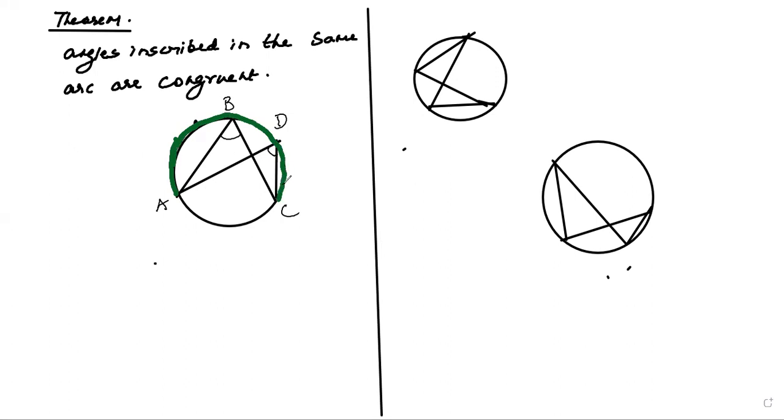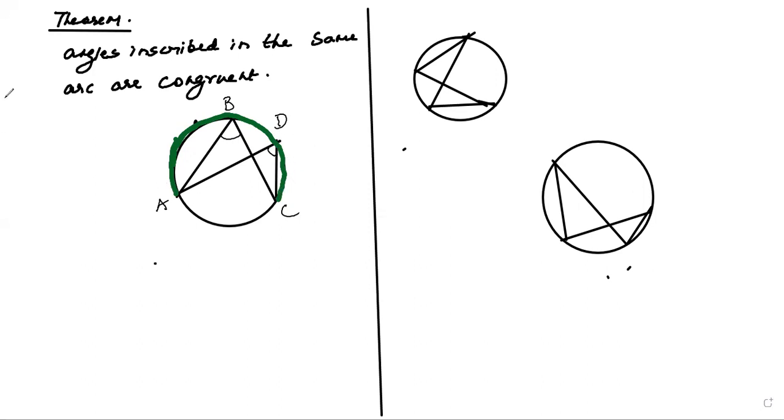Look, angle ABC is inscribed in this green arc. Even angle ADC is inscribed in the green arc. In other words, angle ABC is contained in this green arc. Angle ADC is also contained in the same arc.